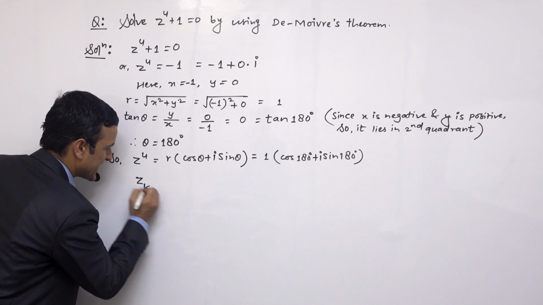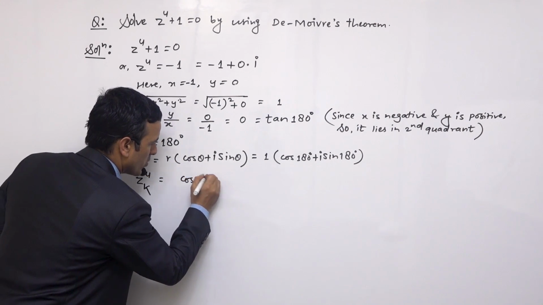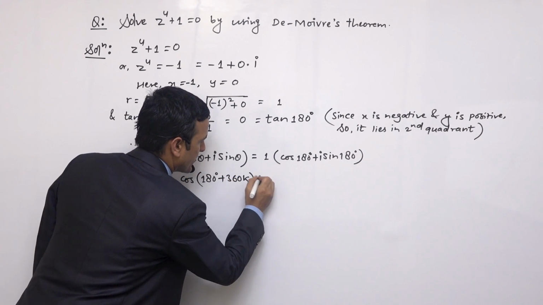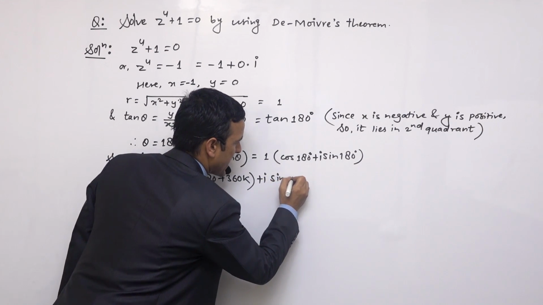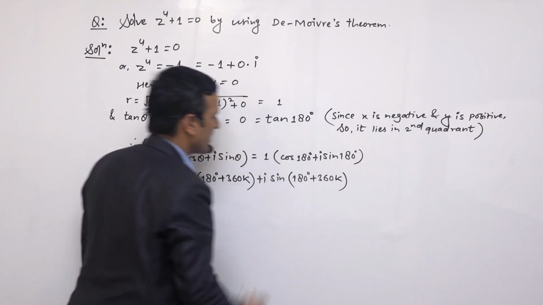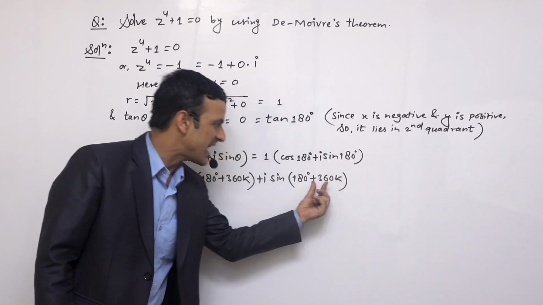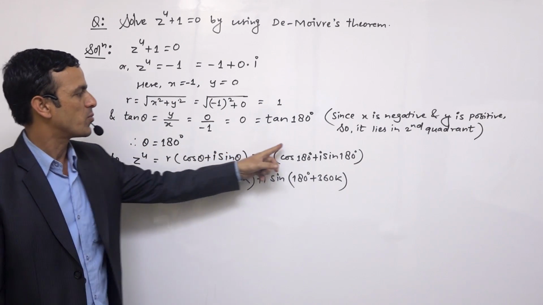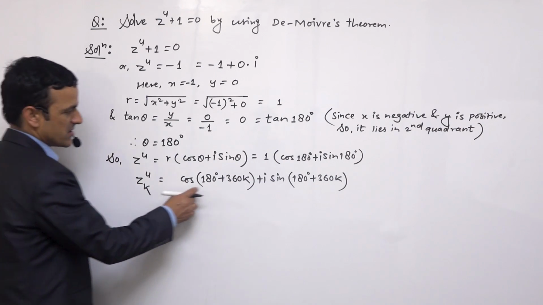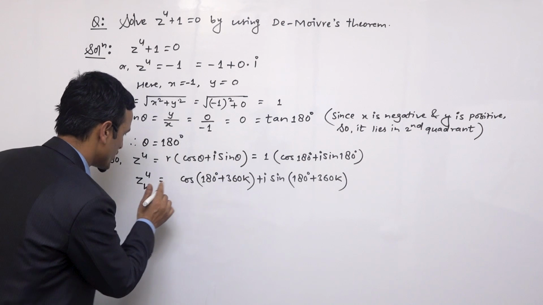So write down z_k power 4 is equal to cos (180 plus 360k) plus i sin (180 plus 360k). भएको एंगलमा जति एंगल आएको छ त्यो एंगलमा 360k एड गर्नुहोस्. यसो गर्दा माथिको पोलर फर्म जनरल पोलर फर्ममा जान्छ. र यहाँ पनि z_k लेख्नुहोस्. दिएको एंगलमा 360k, it gives the general solution of that expression.